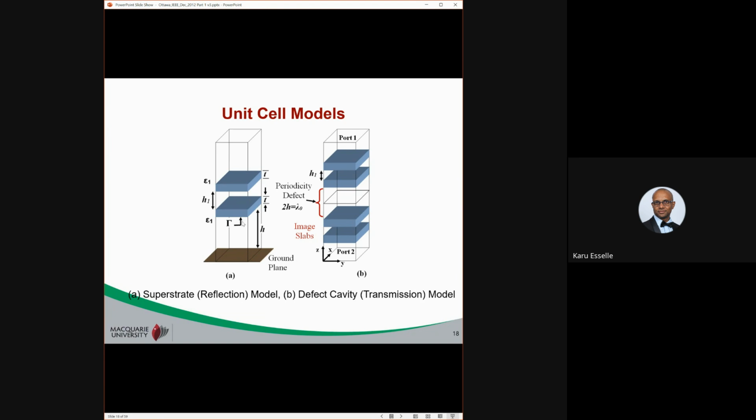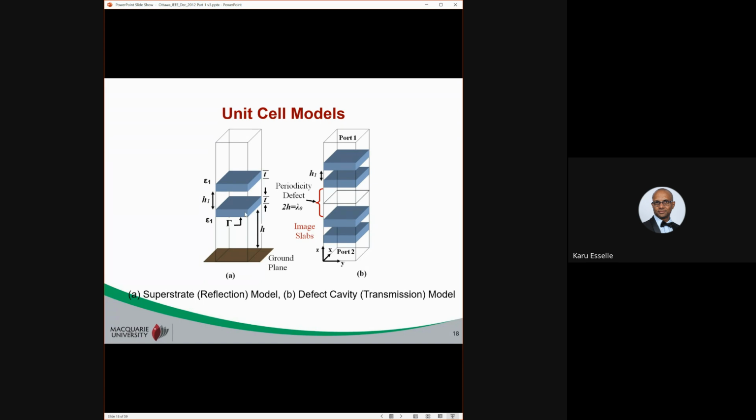Reflection model means you work out the reflection coefficient of your superstructure, looking from the bottom, because that's what the waves in the cavity would see. That's what makes the cavity resonate. Hence, that's why we call it a partially reflecting superstructure.